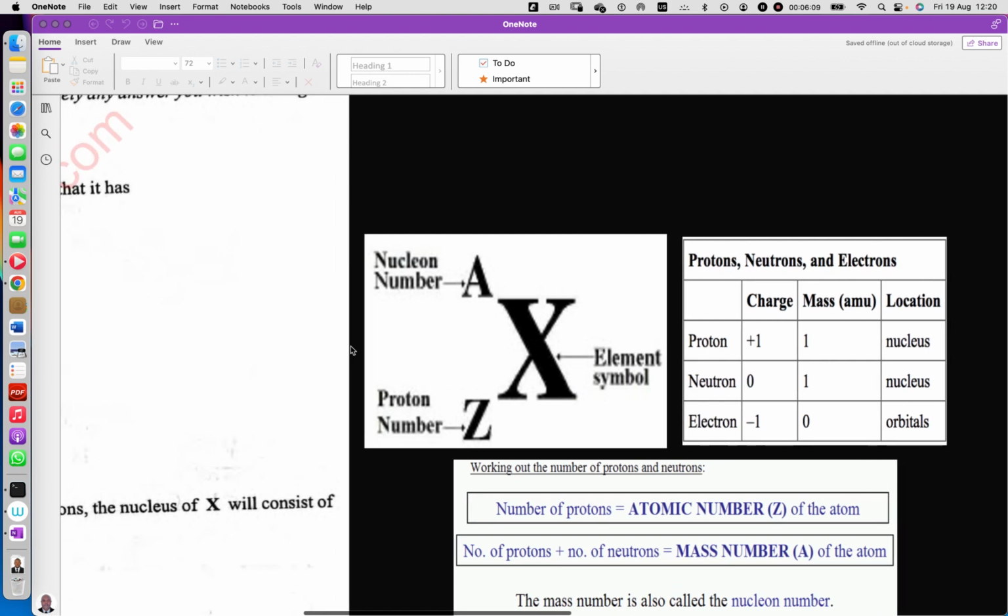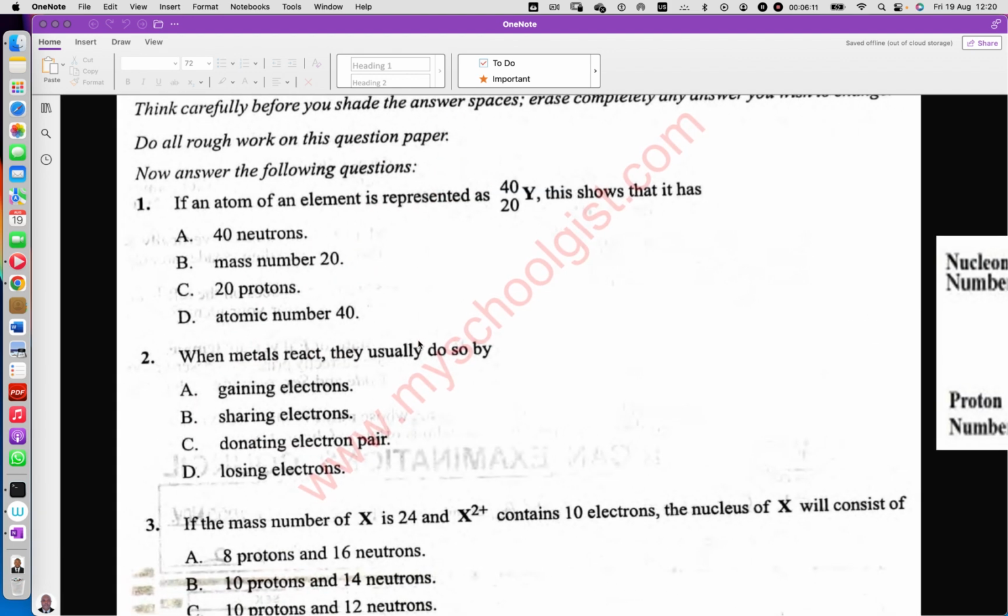So let's get back to our question. You have been given the mass number, or the nucleon number, and you have also been given the proton number, or the atomic number. This is the atomic number, this is the mass number.